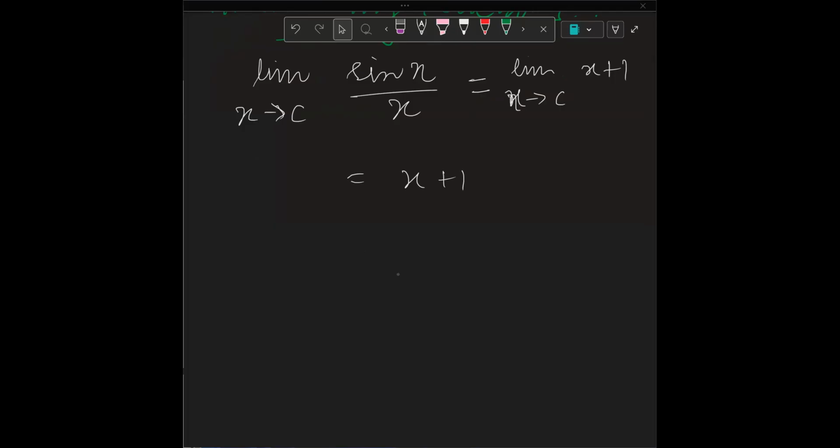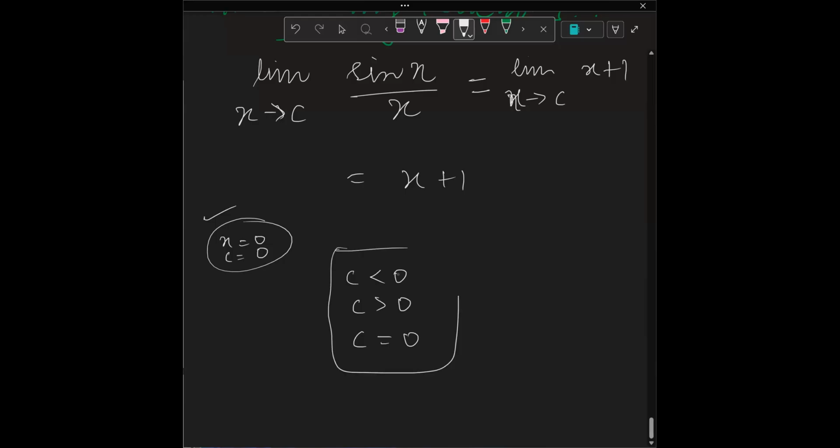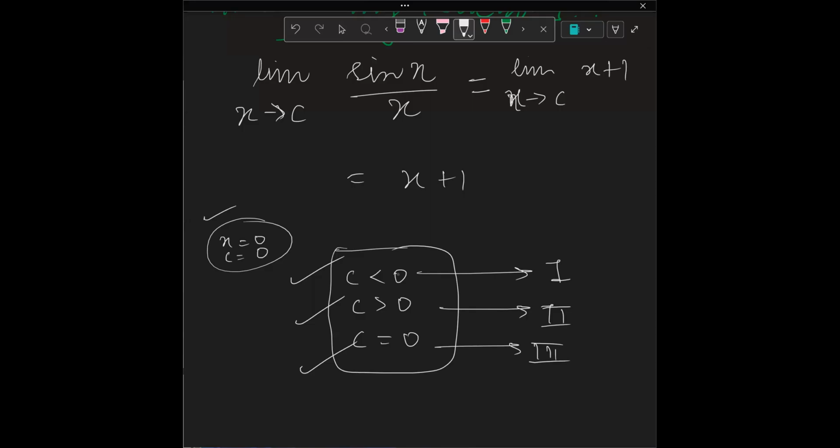Yes, I know that if we put x equals to 0, then we can get that. But I am saying, no, not x equals to 0, actually c equals to 0. But what if c is less than 0? What if c is greater than 0 and c equals to 0? So there are three cases. Case 1, case 2, and case 3, so we have to solve for these three cases. Ali, have you considered this or not? Sir, I took only c equals to 0.